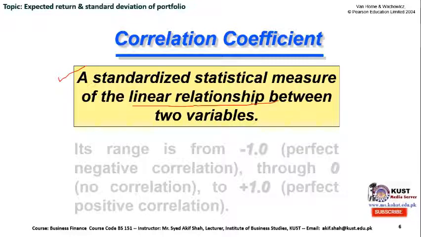By linear relationship, we mean that there is a direct relationship there. By linear relationship, we mean to measure the one-on-one relationship between two or more variables. That is how those variables are correlated with each other.